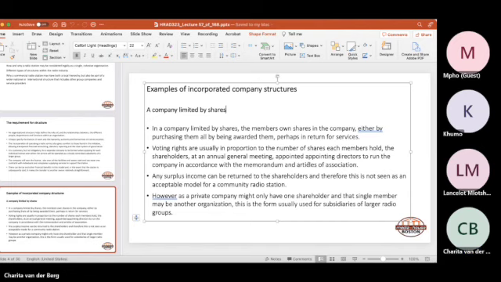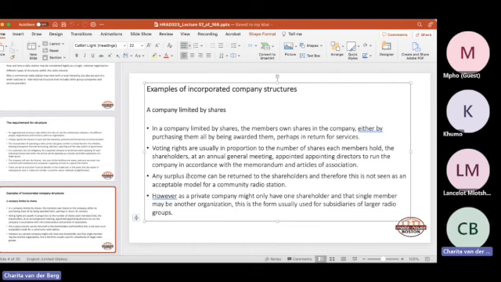And then whether you have directors that you've appointed to run the company in accordance with the memorandum and articles of association. So a station manager will be the director that they refer to here, or managing director, however you want to refer to that person. This is the person that runs the company, who reports to these shareholders at the end of the day.